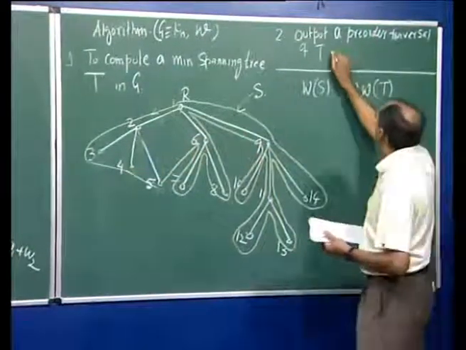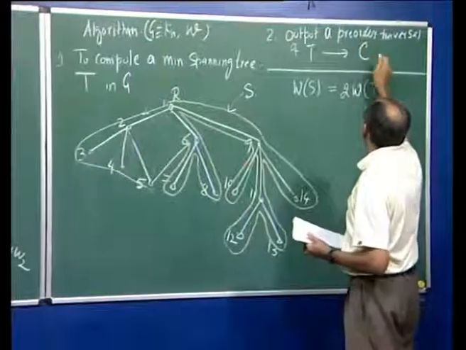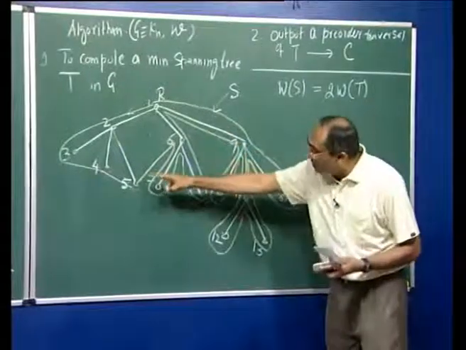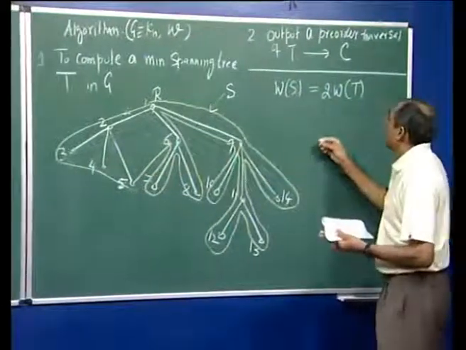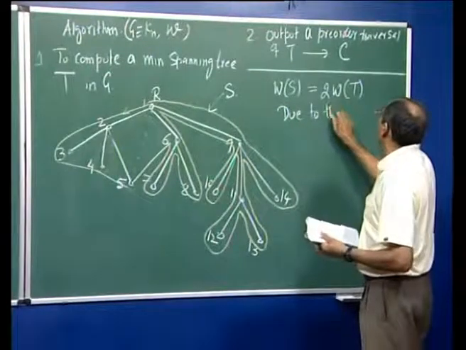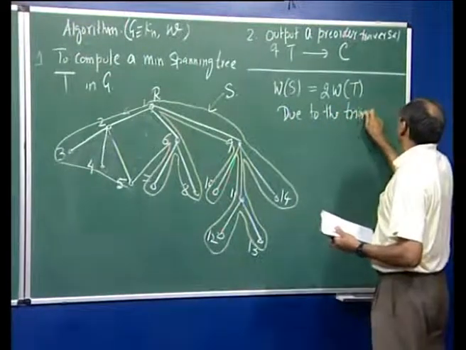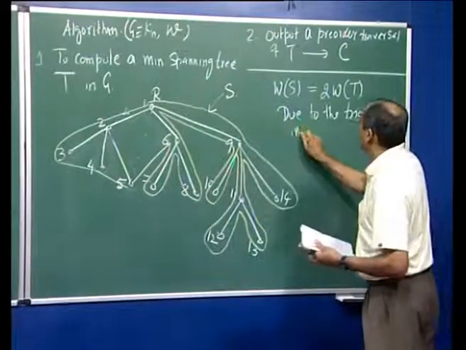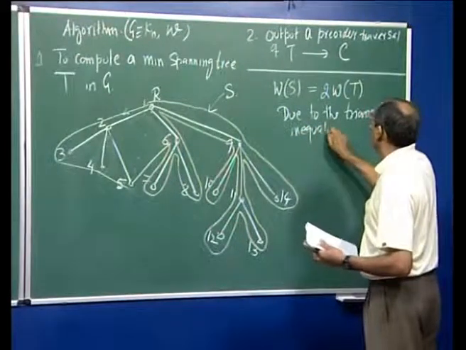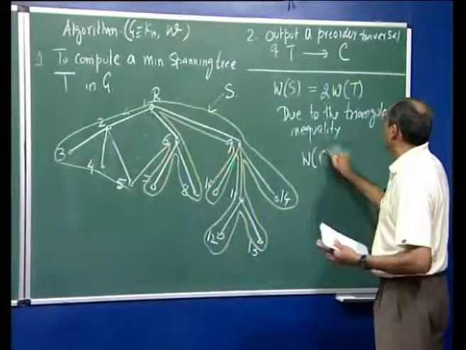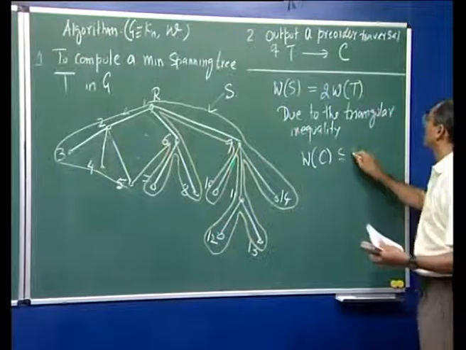So, let us call this cycle C. So, the triangular inequality ensures that due to the triangular inequality, the weight of C is less than equal to the weight of S.